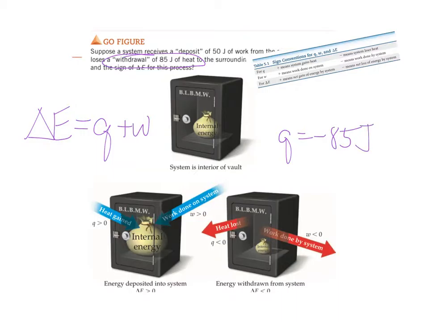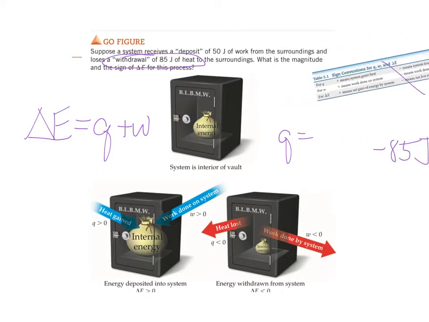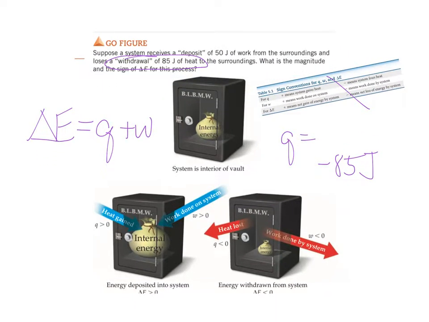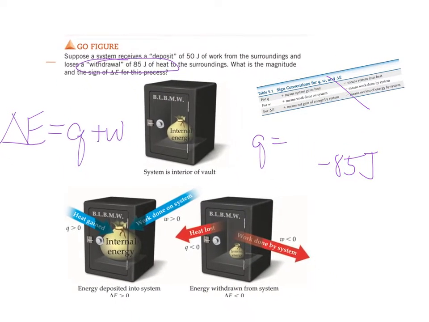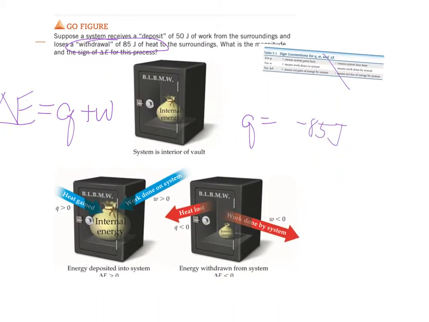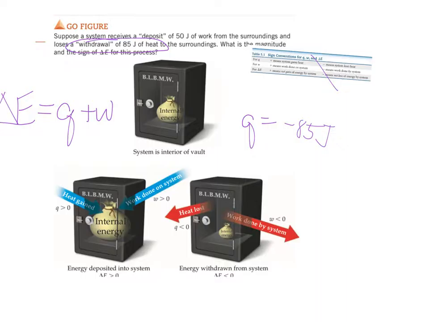Now we have to think about the work. Our work is deposited. We get a deposit of 50 joules of work from the surroundings. Here's a picture showing work being done on the system.